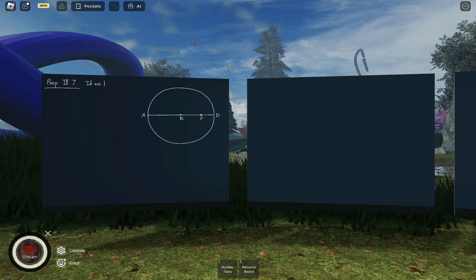So if on the diameter of a circle, a point is taken, that's F, which is not the center of the circle, and from which we're going to draw straight lines to the circle.